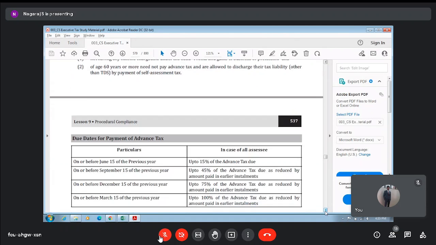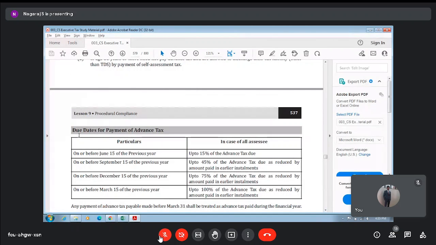See, the due dates. I told you 4 due dates: 15th June, 15th September, 15th December, 15th March. 15% of advance tax means 5,62,500 in our case. By the next due date, 45% of the advance tax, as reduced by the amount paid in the earlier installment.